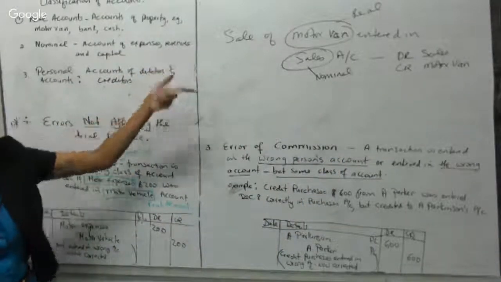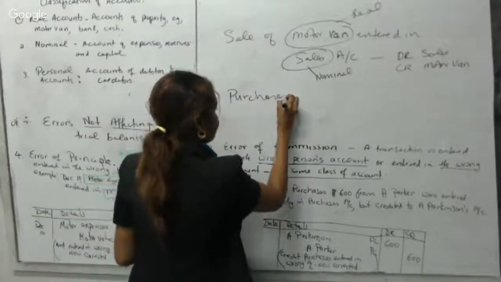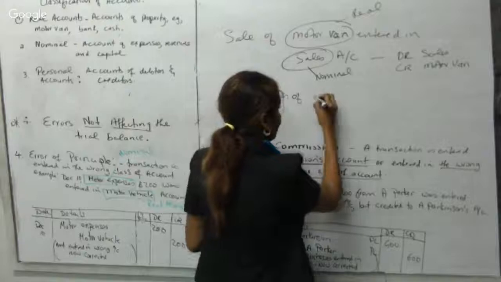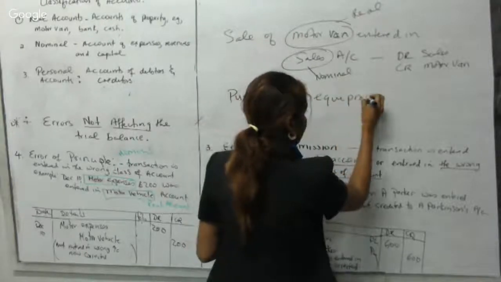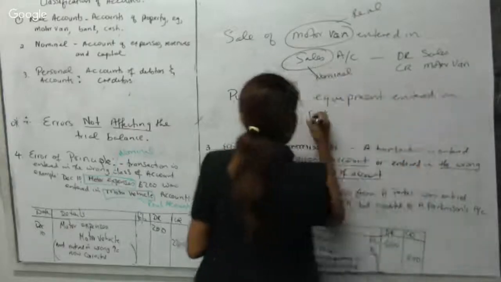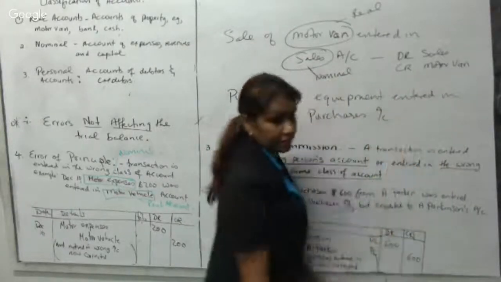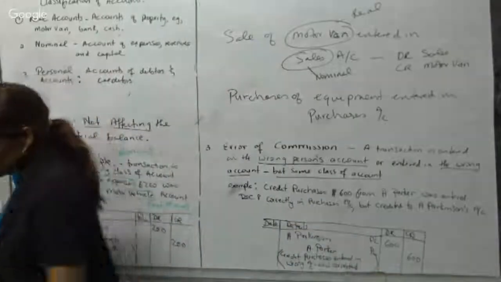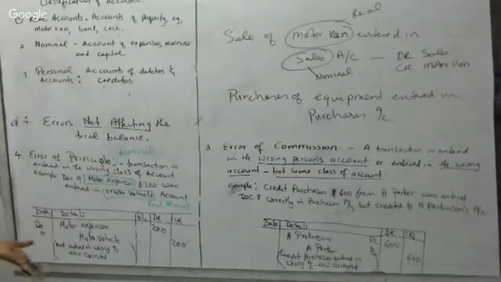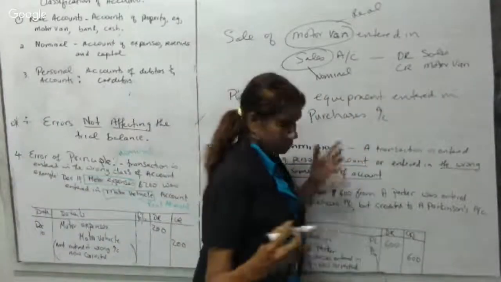Same thing would have happened if you say purchases of equipment entered in the purchases account. Again, anything we buy, someone will throw it in the purchases, regardless of what you buy. Purchases is only about goods, remember?